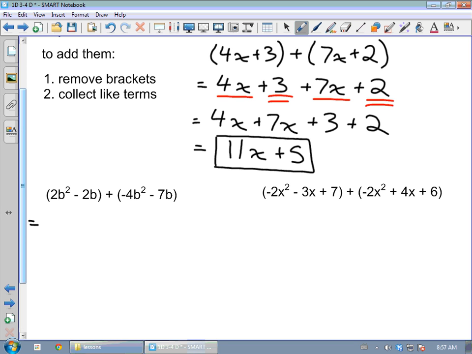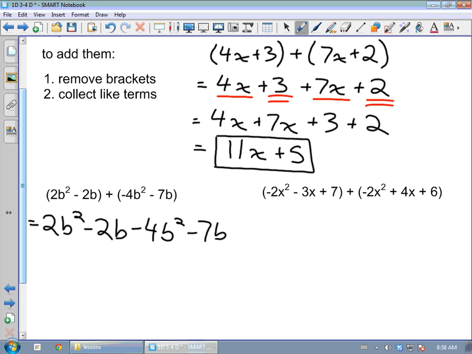So I'll take this first polynomial and I'll write it as 2b squared minus 2b. My second one, I see a negative 4b squared, so I'll just write that as negative 4b squared. And then my last term is negative 7b. Okay, I'm just getting rid of those brackets.